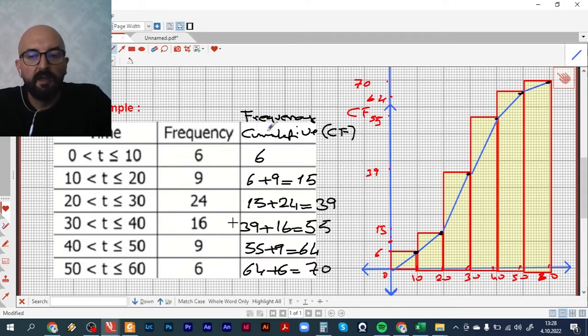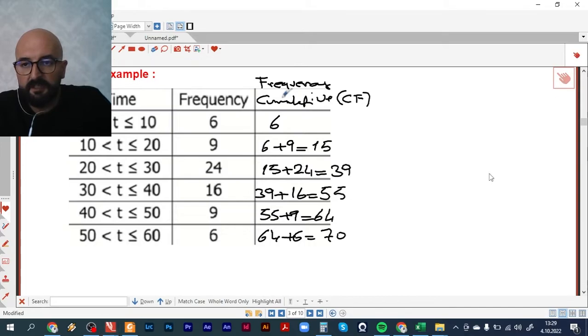Okay, now we learned what cumulative frequency means, and how we draw the graph of cumulative frequency.